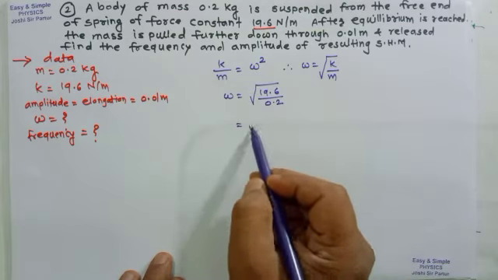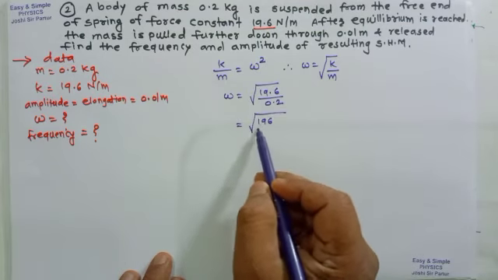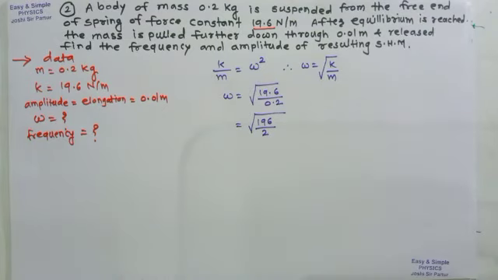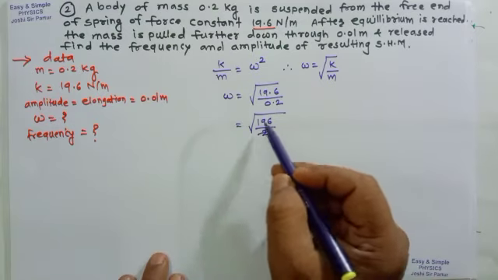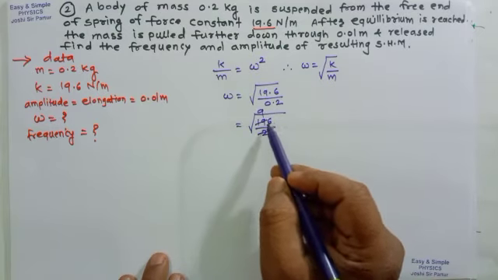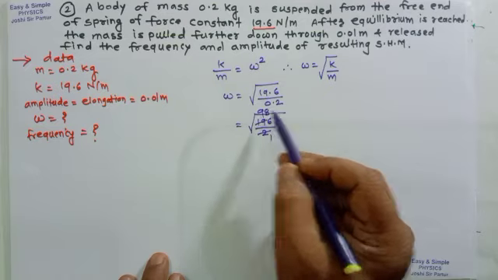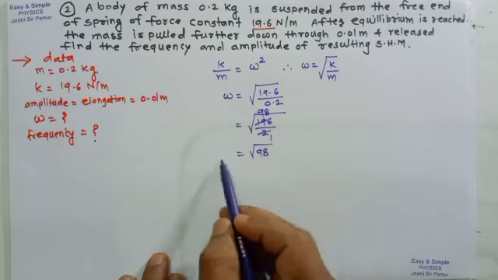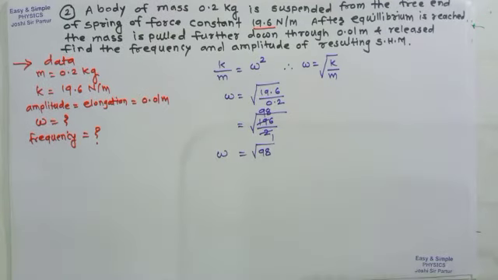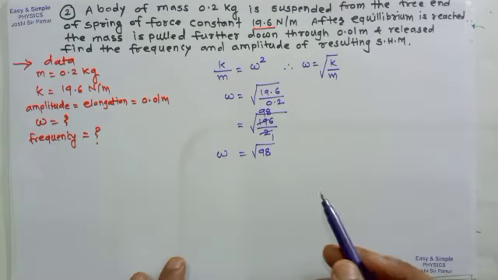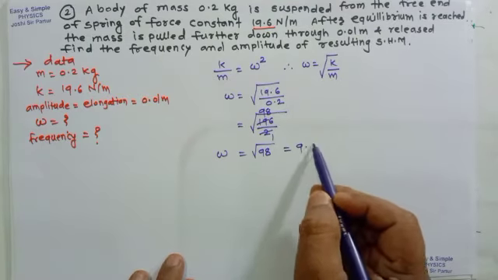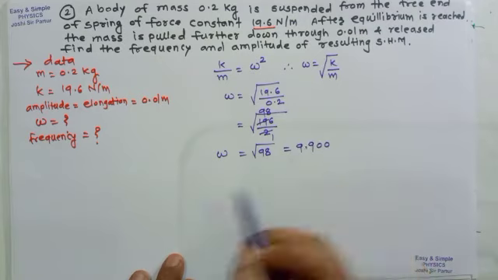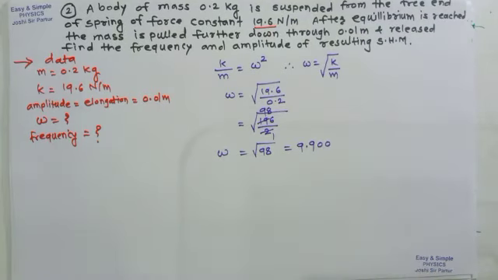It will be 196 divided by 2 by shifting the decimal. So if we divide, 2 nines are 18, 1 is remaining, and 16 becomes 2 eights are 16. So omega is square root of 98. If we find out the square root, it is 9.900. That is the value for omega.